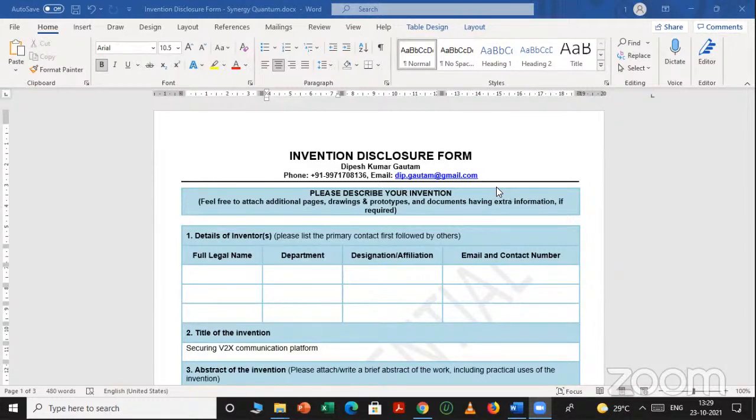I'm going to describe each and every field of this Invention Disclosure Form, and I'm going to tell you why this form is very important, and how writing this form in a proper way can contribute to effective research building.